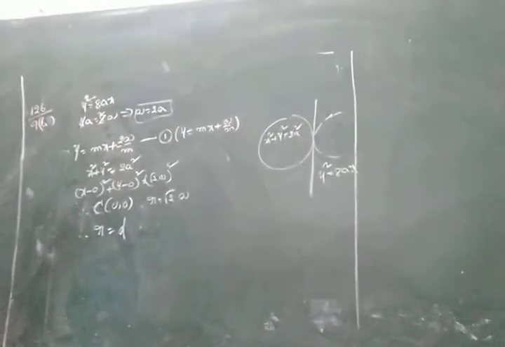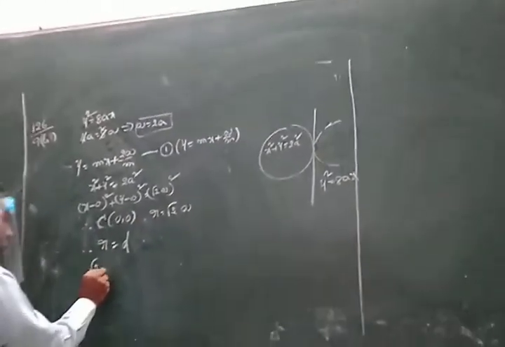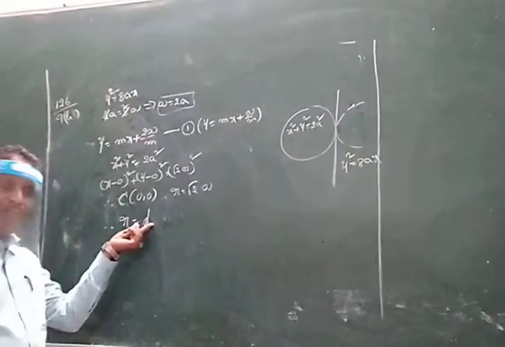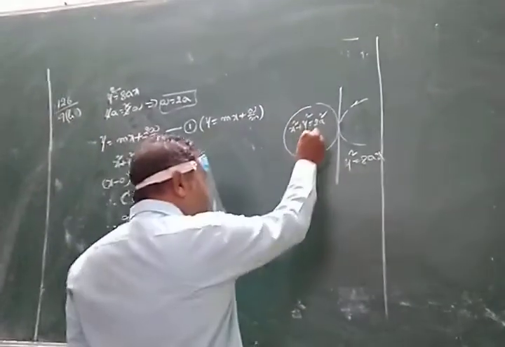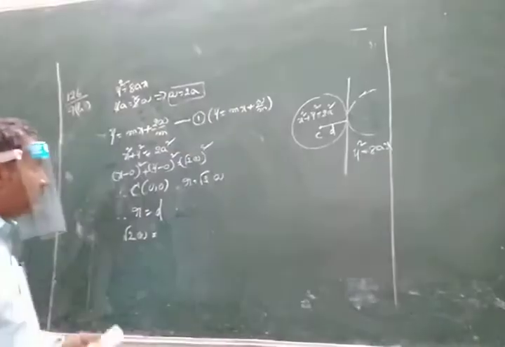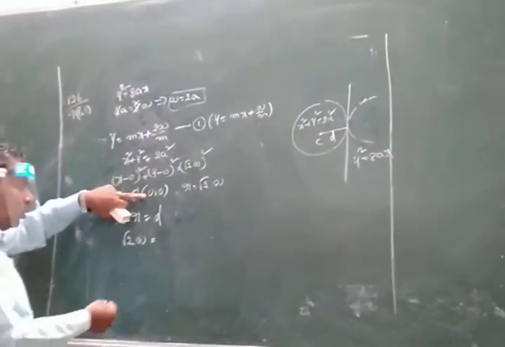Listen, first listen. R value is root 2a. What is D? D is the distance from the center to the line. So center is (0, 0).